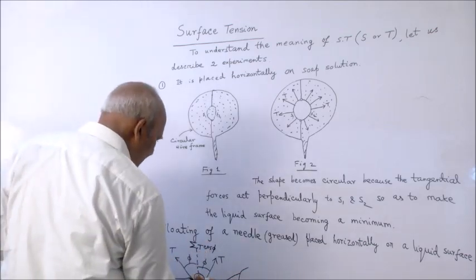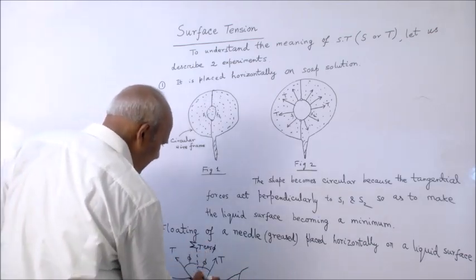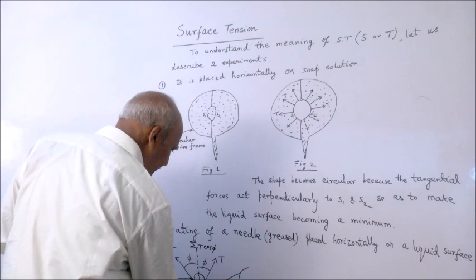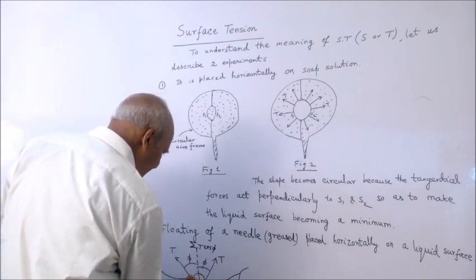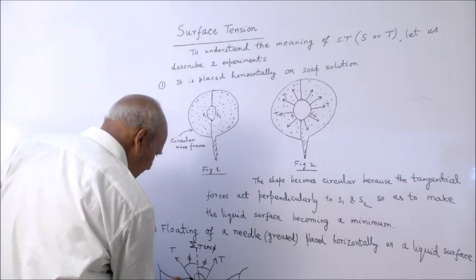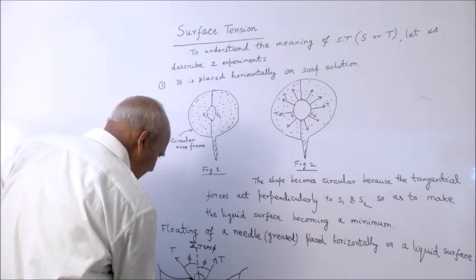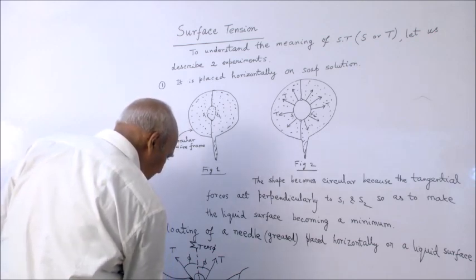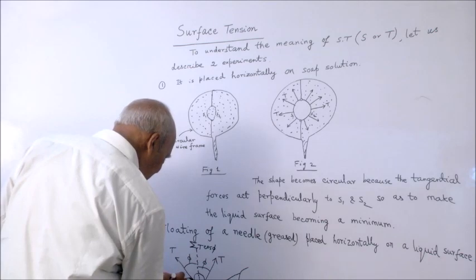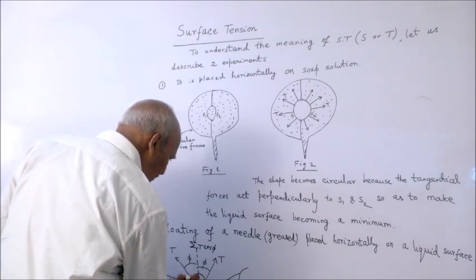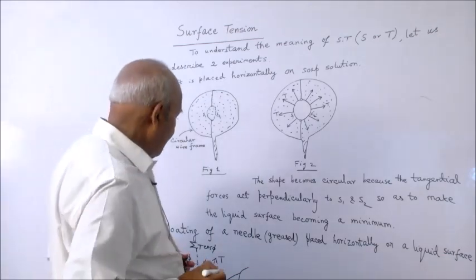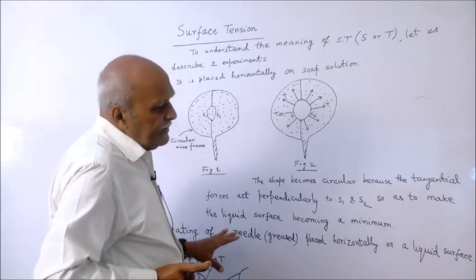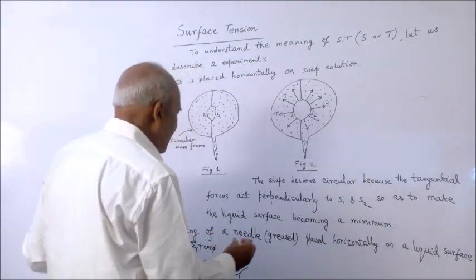So, sigma T cos phi balances the weight of the needle, whereas the horizontal T sin phi cancels out. As a result, it is possible that the needle can float. The explanation of this floating gives an idea that the liquid surface behaves like a stressed membrane.